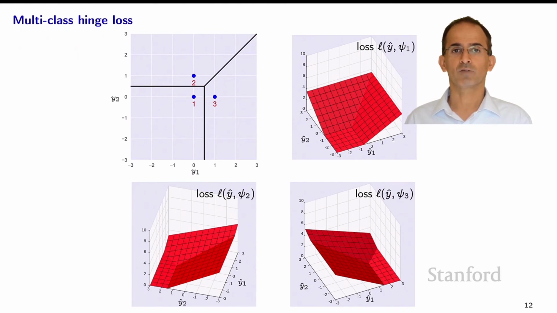In the top right graph here, we have the loss function corresponding to the case when y is psi1. In the bottom right, we have the case where y is psi3, and in the bottom left, we have the case when y is psi2. Now, if you look in particular at the top right, when y is psi1, you can see that the loss function is 0 when we are deep within the region corresponding to psi1.